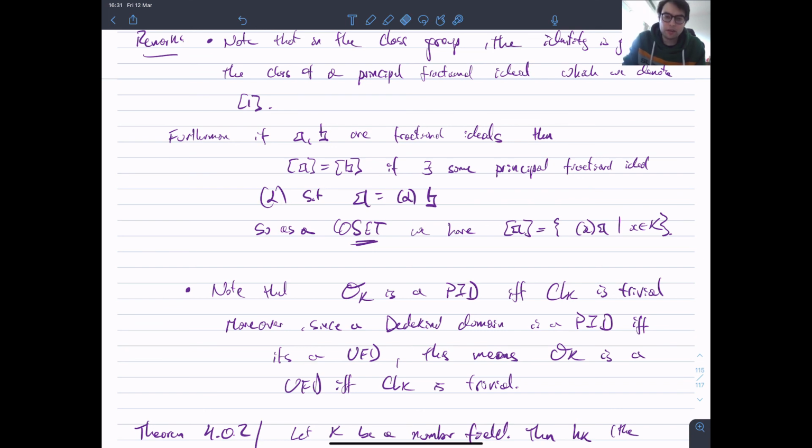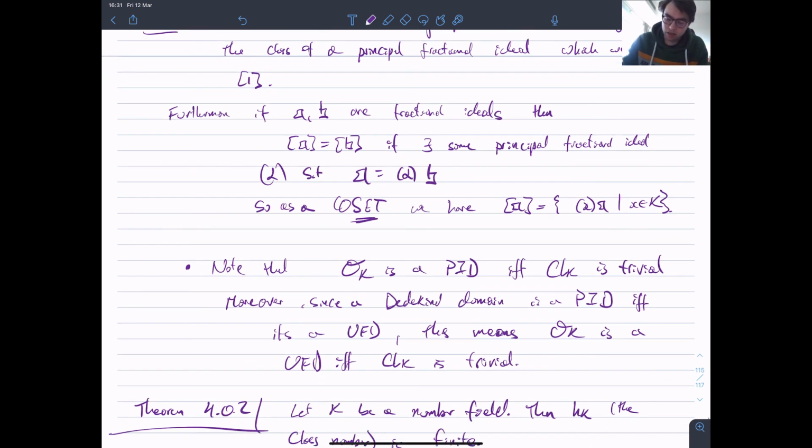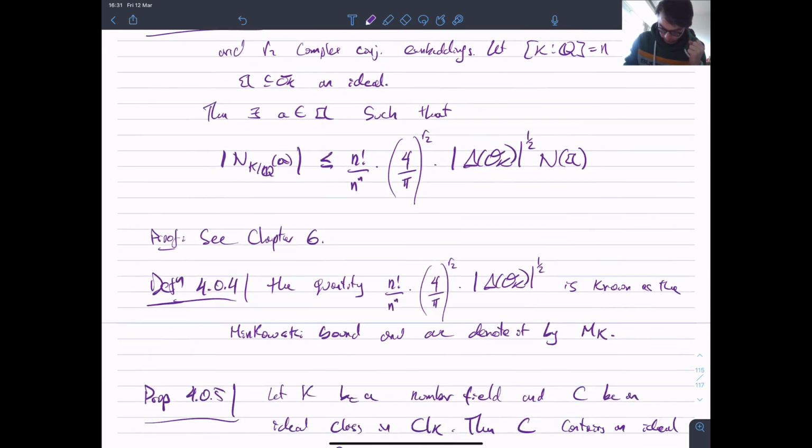And there are only ever finitely many ideals of any given norm. We proved that before. So if the bound is like 10, every class has to contain an ideal of norm less than 10. Say there are only 3 ideals of norm less than 10. You can't have distinct classes if two classes contain the same element, since they have to be the same class. This is what happens in cosets. This immediately bounds how many different classes we can have.